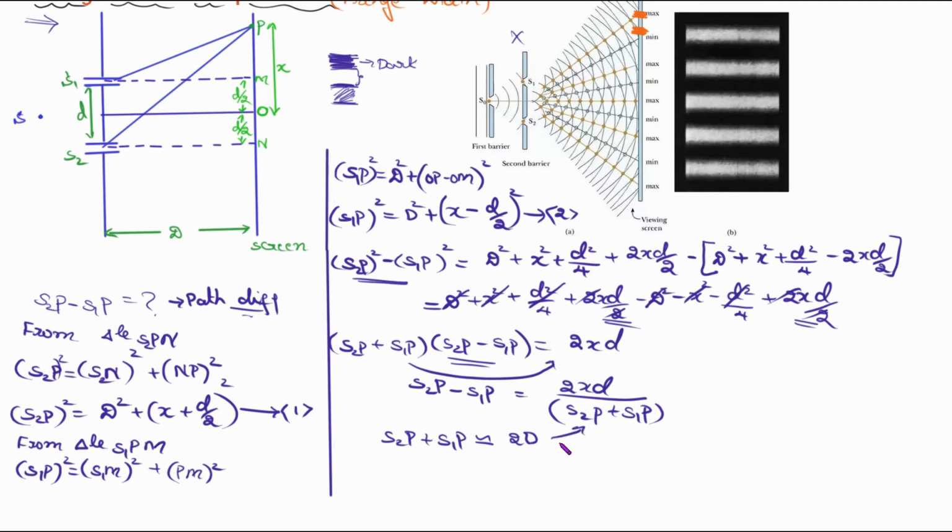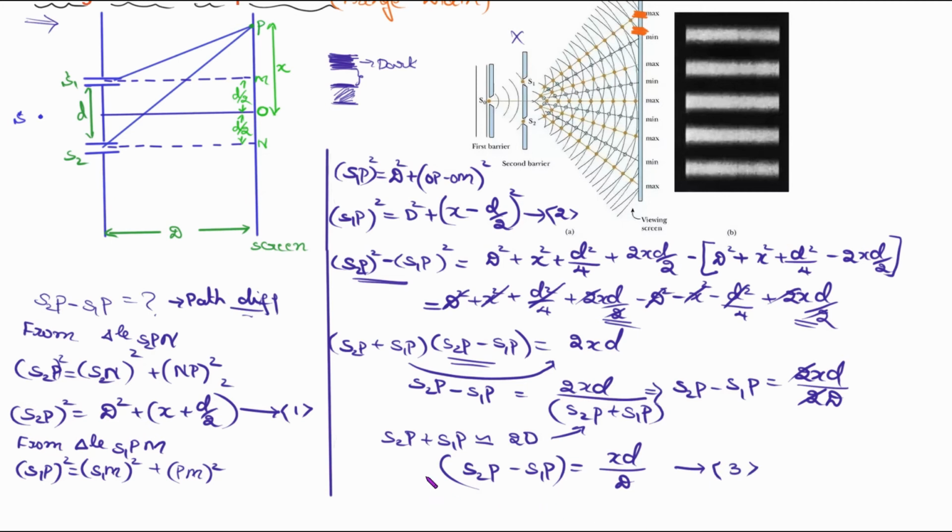Substitute this here, as a result you will get S2P minus S1P is equal to 2XD whole divided by 2D, capital D. 2 cancels and the value of this S2P minus S1P you will get as equal to XD by D. I'll call it equation number 3.